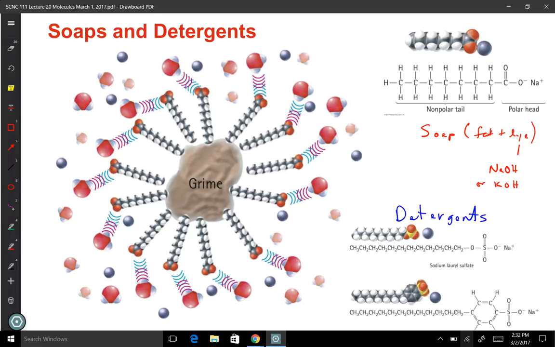The soap molecules, as shown in this picture, will have the nonpolar end stick to the grime. If I have the nonpolar end stick to the grime, what kind of attraction do you suppose is making it stick?